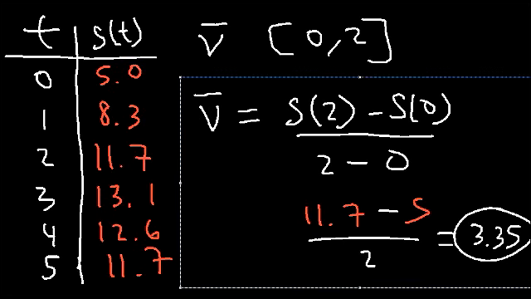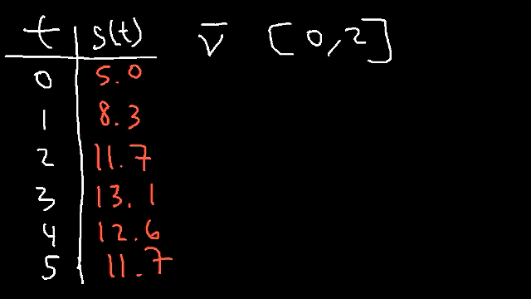Now from this table, how can you approximate the instantaneous velocity at t equals 3? The only way to do that is to find the average velocity between 2 points. So you want to pick 2 points where 3 is the midpoint of those 2 points. 3 is the midpoint between 2 and 4 and between 1 and 5.